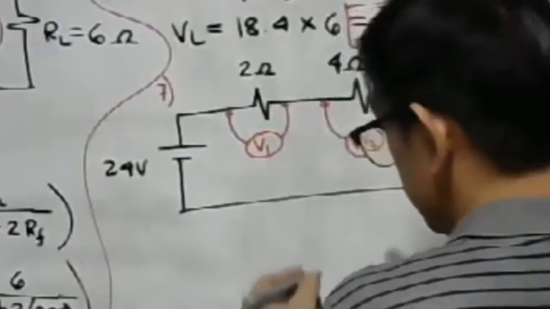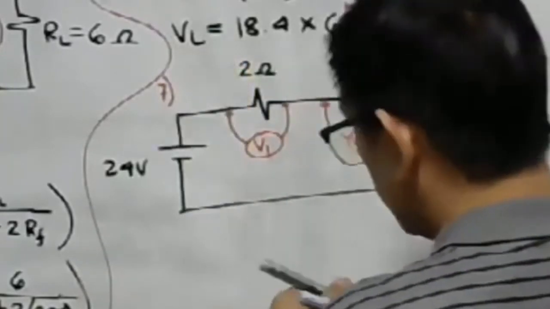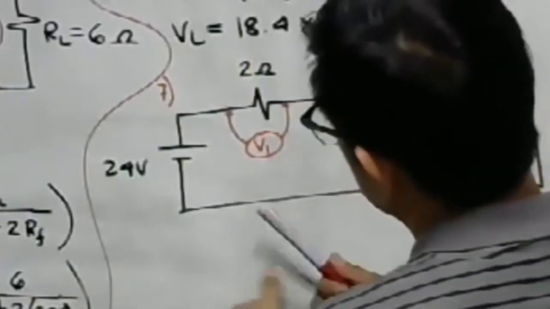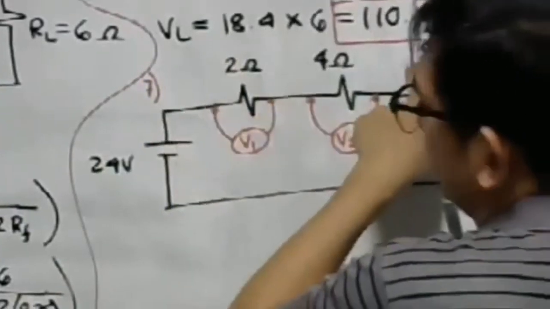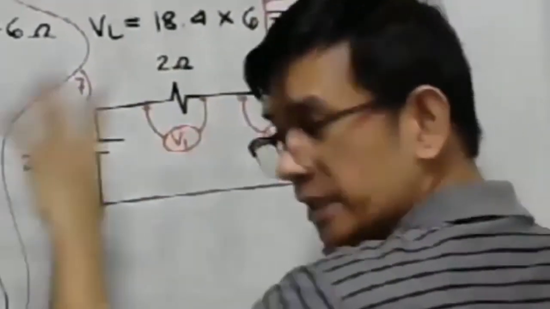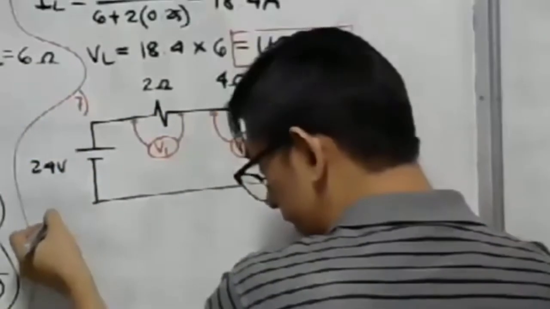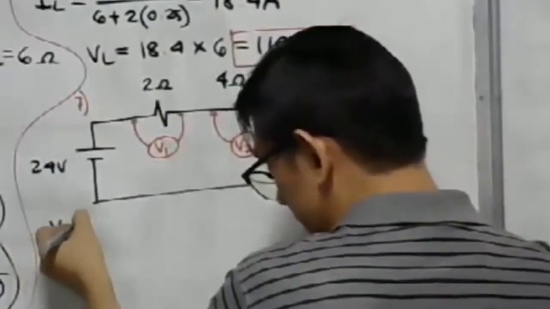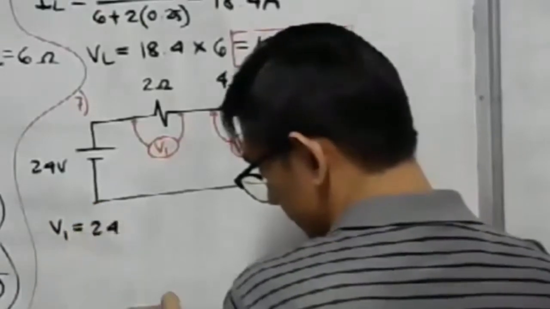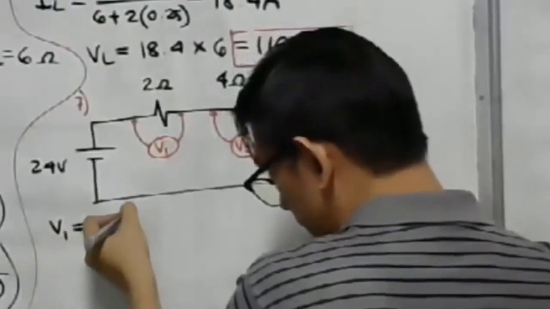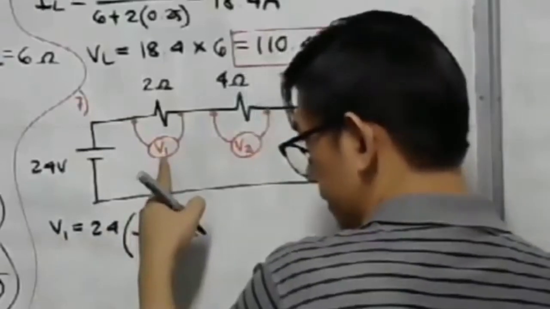Okay. So our V sub 1 is equal to what? Take note that this is our R1, R2, and R3. So we have our total voltage. So we have our V sub 1 simply equal to the total voltage, 24 volts, multiplied by, what is the opposite resistance of V sub 1?